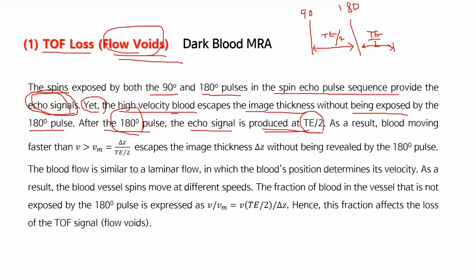So after the 180-degree pulse, the echo signal is produced here at this moment. As a result, blood moving faster than this velocity escapes the image thickness delta G without being exposed by the 180-degree pulse.